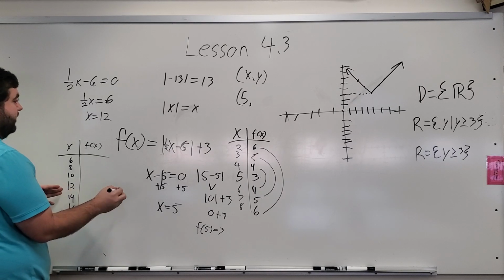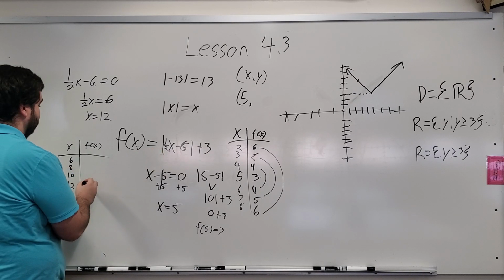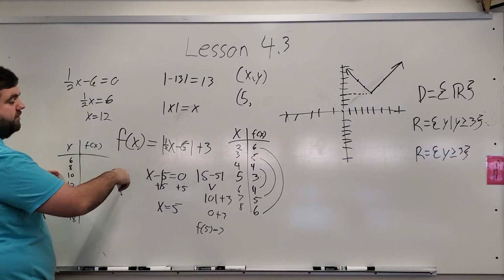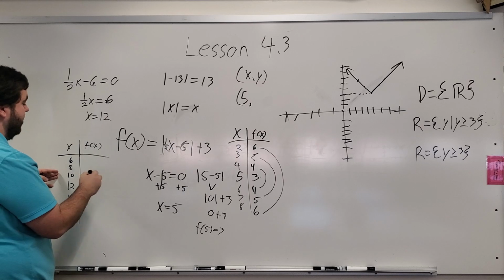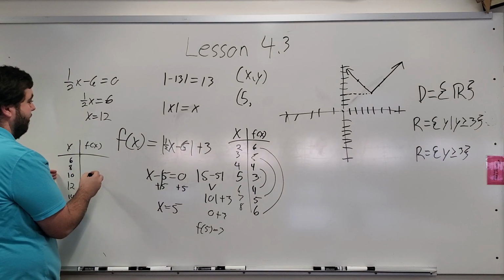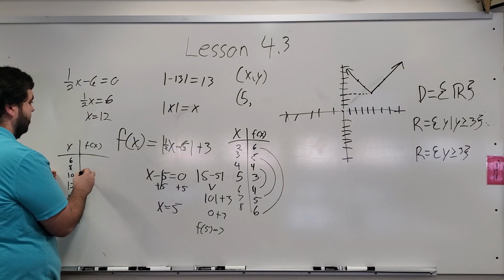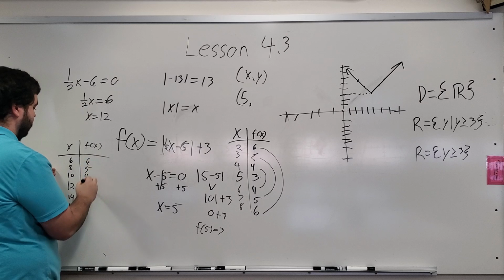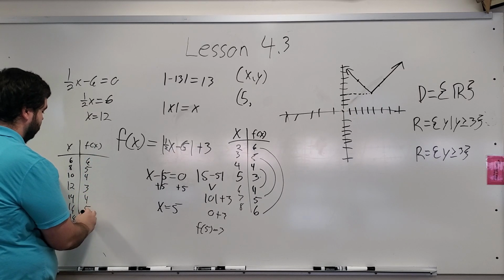I can then plug those in, so then I get 12 minus 6, that's 3. 10 times a half is 5, minus 6 is negative 1, so then I get 4, 5, 6, 4, 5, 6.